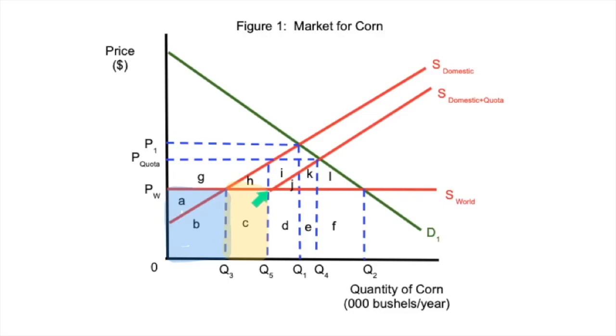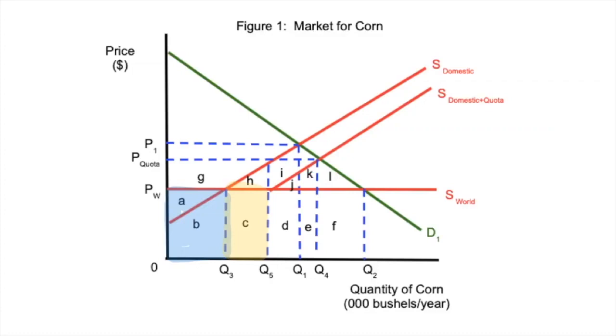That means that, as a result, the rest of this corn is going to be produced where? In Germany. So as a result of the corn coming in from outside of Germany and then the doors being closed, what does this become? This becomes revenue or corn that is sold by German farmers.